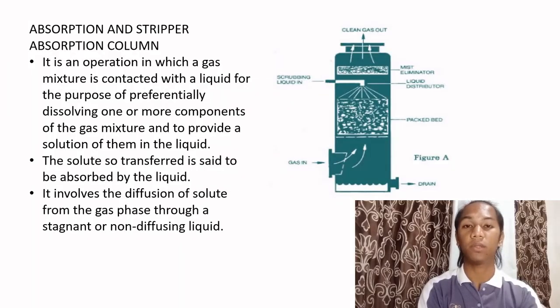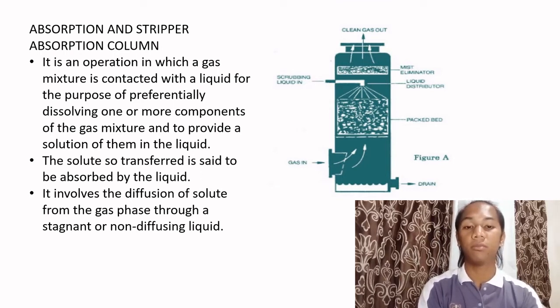So the next type of distillation column is what we call the absorber and the stripper. Don't get confused between the two, because there are some equipment wherein they only use an absorber or only use a stripper. But in this case, we use the combined equipment because it is commonly used. So what is an absorption column?